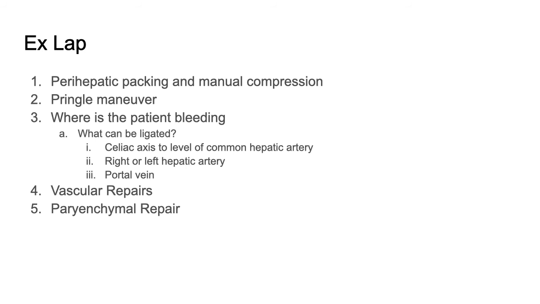And then just so that we know here, these are the areas of vessel injury that can be ligated. The celiac axis to the level of the common hepatic artery, the right or left hepatic artery, or the portal vein, they can be ligated.